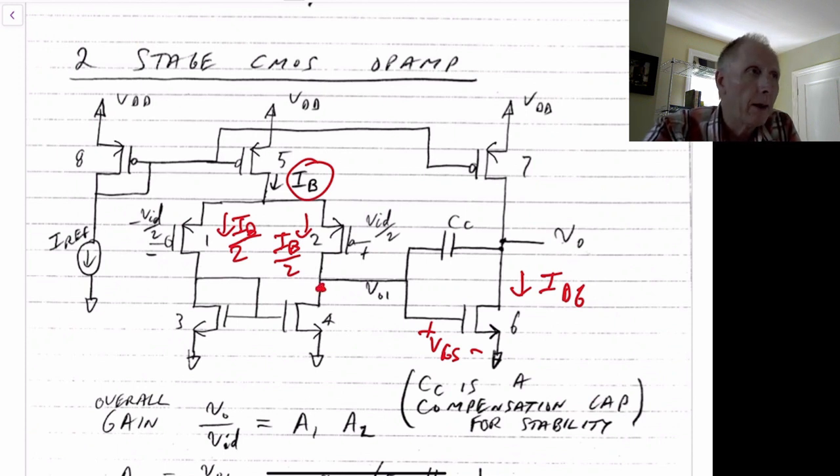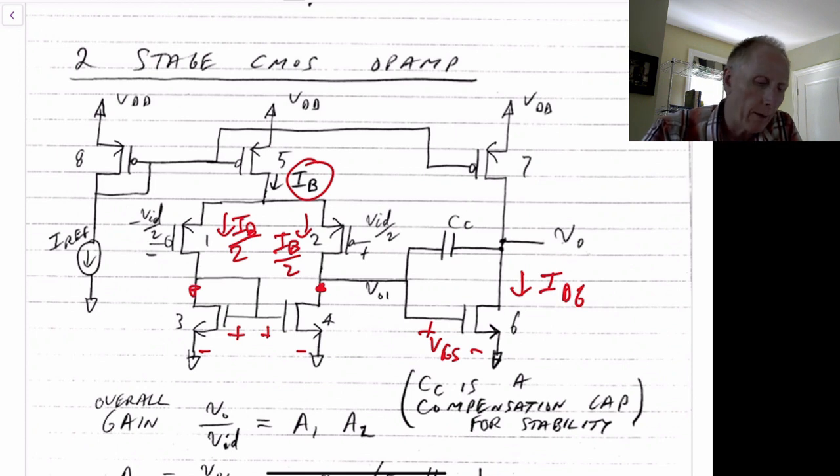Now why do we say that? Because the gate to source of M3 and the gate to source of M4 are the same. If the gate to sources are the same, the drain currents are the same, and the lambdas are the same, which we're assuming they all are because they're all matched, then the drain to source voltage of M4 should equal the drain to source voltage of M3.